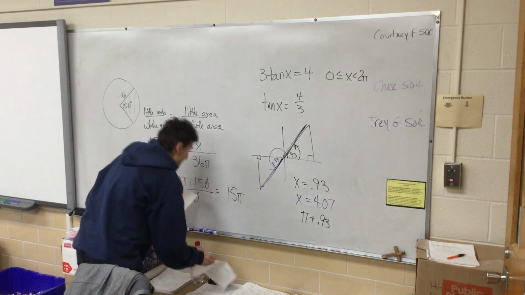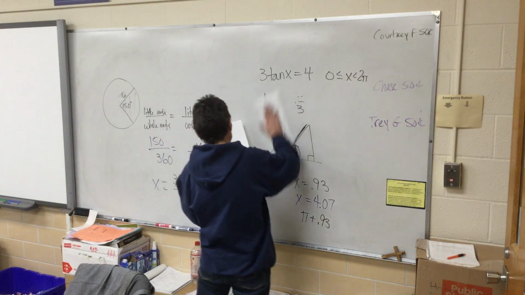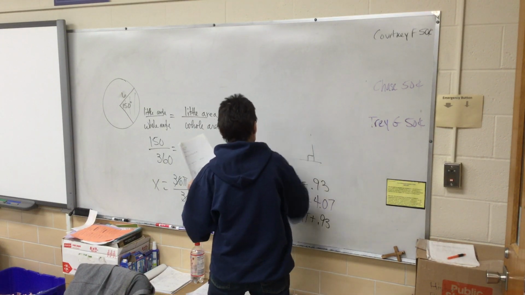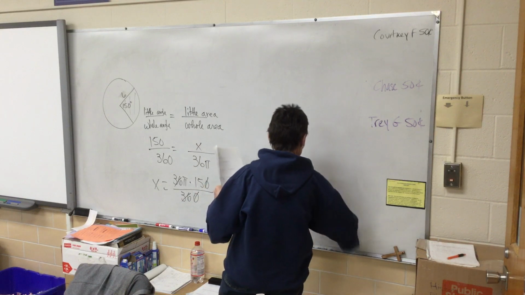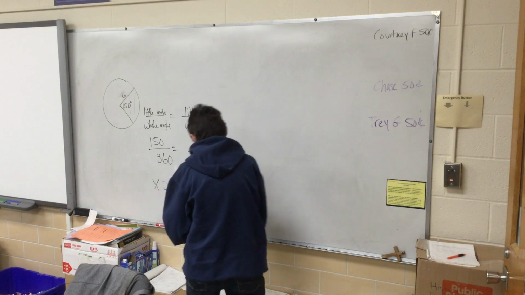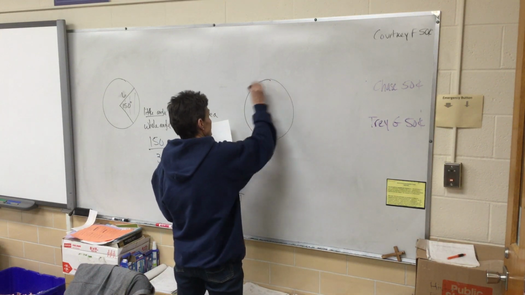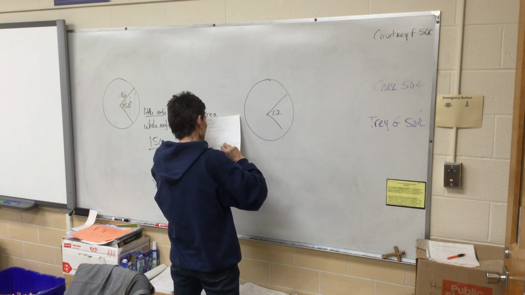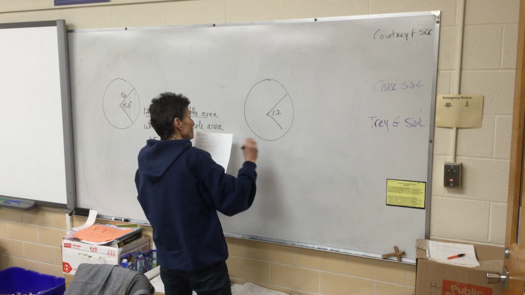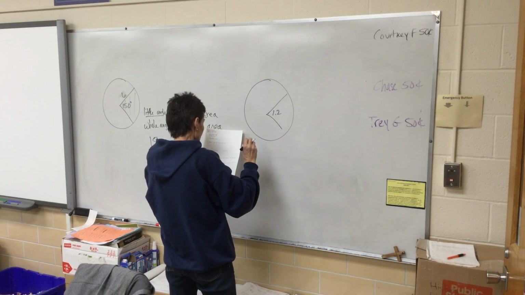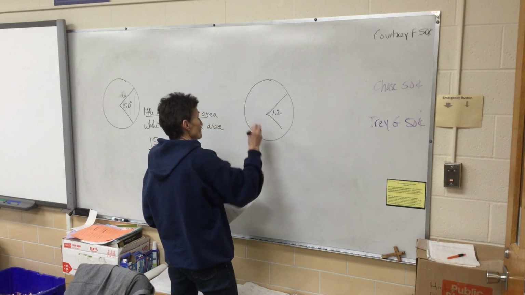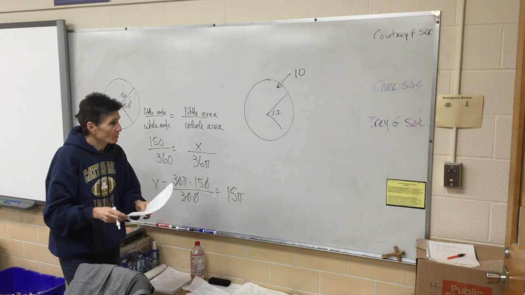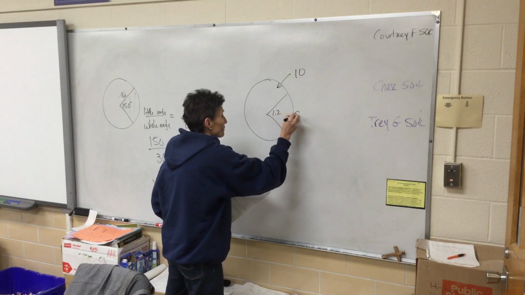Now we've got the same circle. But this time, we know the angle is 1.2, and the area of the circle is 10. And we're going to find the arc length.